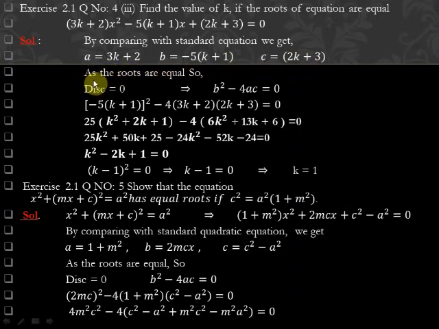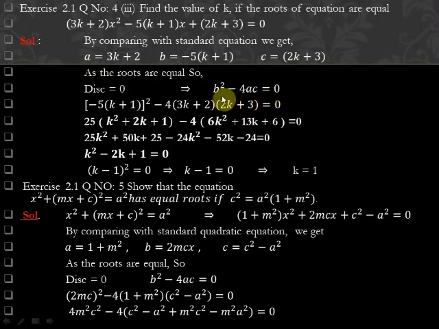According to the condition of the question, as the roots are equal, so discriminant is put equal to 0, b square minus 4ac is equal to 0.